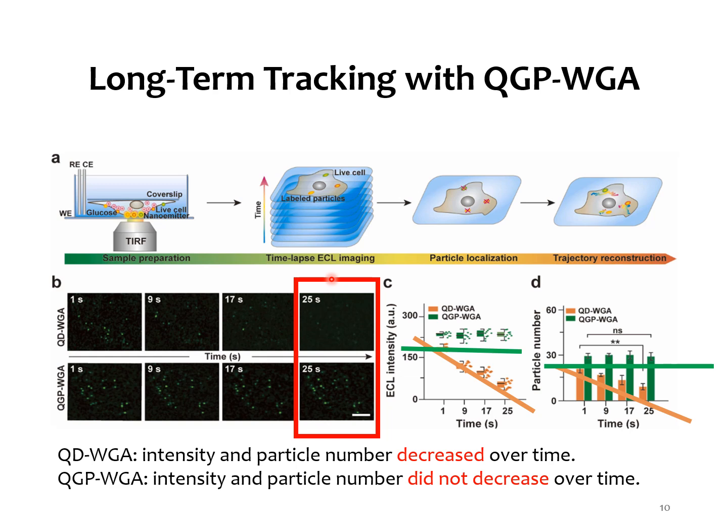In contrast, QGP-WGA contains glucose oxidase, which continues to produce hydrogen peroxide, maintaining stable ECL signals and consistent particle numbers throughout the imaging period.